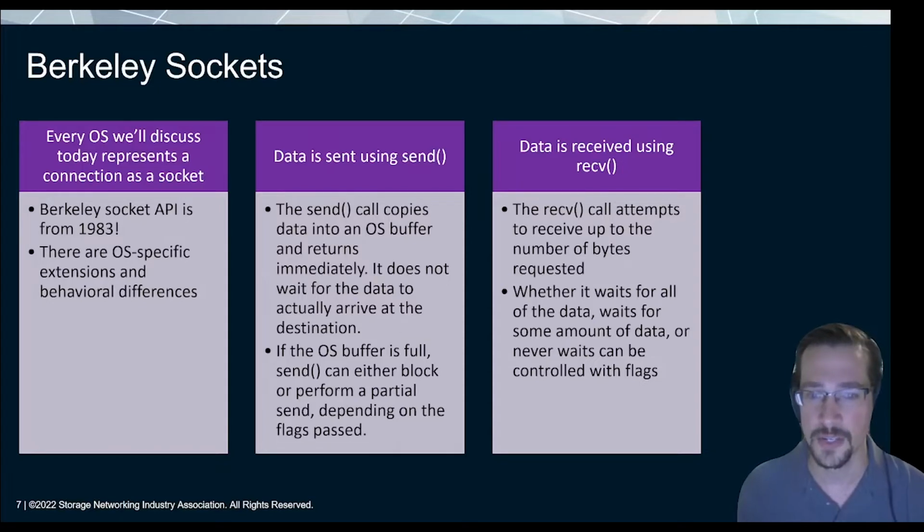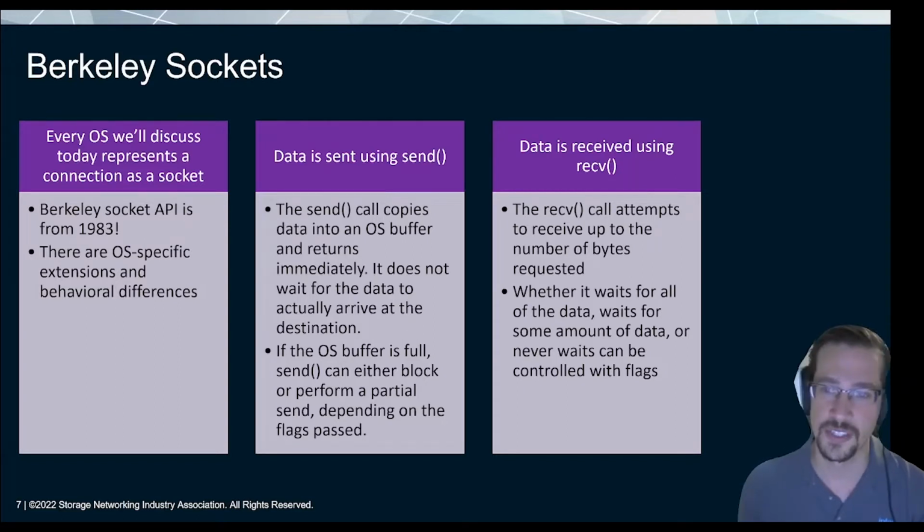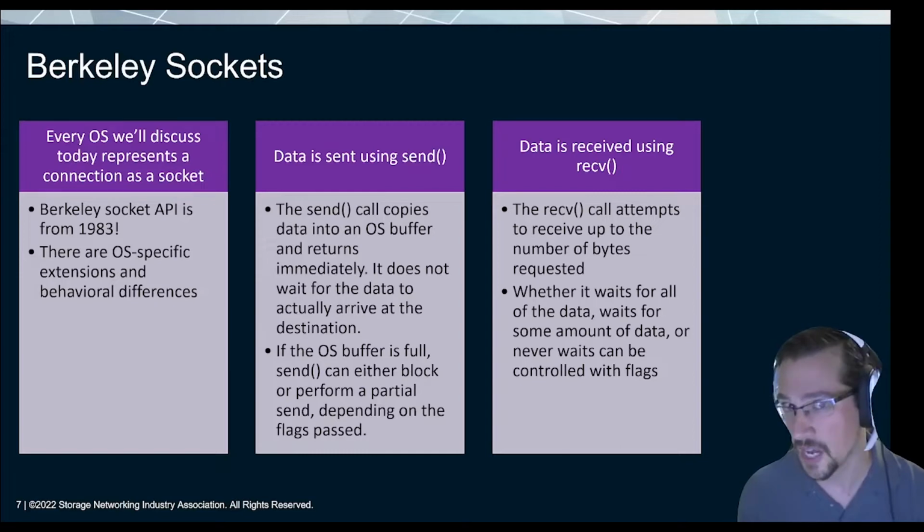And the only reason send would not work is if the OS buffer is full, or if the connection is dropped, of course. Then for the receive call, it's important to note too that when you say to receive a certain amount of data, barring some flags which we'll discuss, the default behavior is to receive up to that number of bytes, not all of that number of bytes. And that's often because you don't necessarily know how much data is coming.